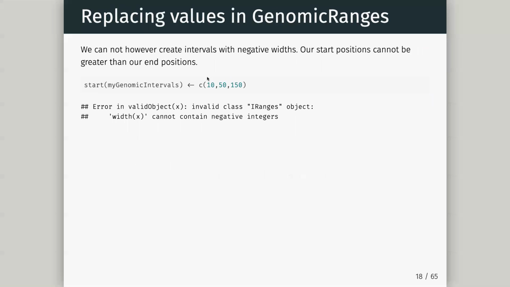If I try and set the start to be after the end, that's going to be an invalid GRanges. Right? You can't have a start after the end, otherwise the end is now the start. Right? So if I try and set that, it's going to tell me exactly what went wrong. The width can't be negative, it's start from the end, and it's an invalid class of GRanges.